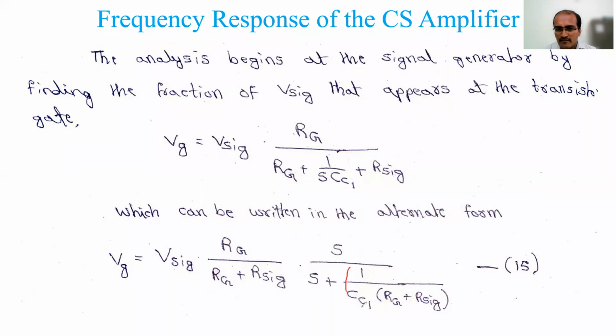So everything I have combined in the next equation. First I will substitute in equation 19 their ID value from equation 17. In ID we have the VG, so that VG I will substitute from equation 15. Finally, at the left side you will have V naught, and at the right side you will have V signal. This V signal will come into picture.